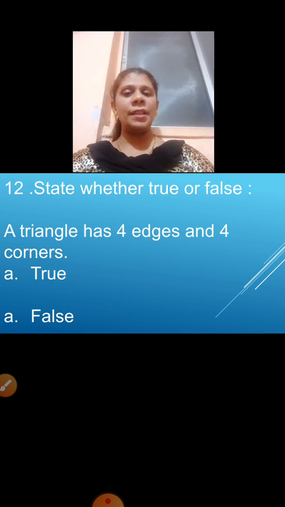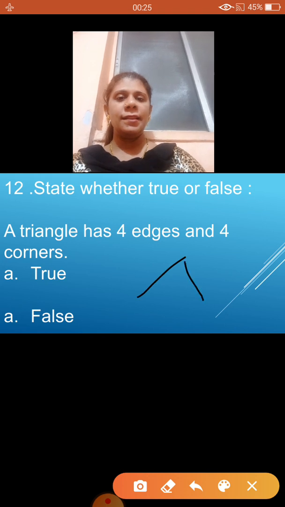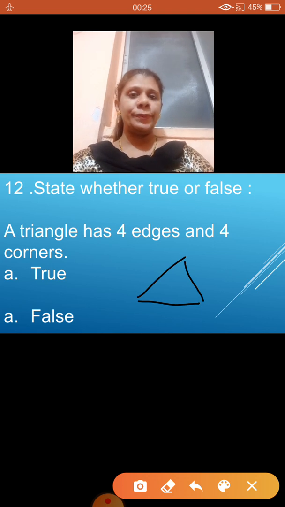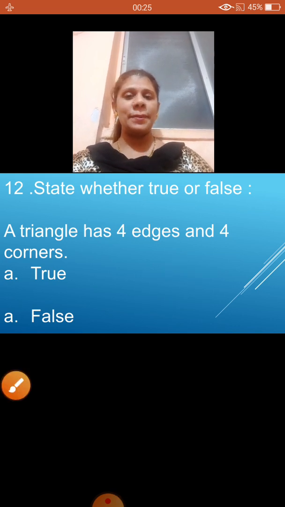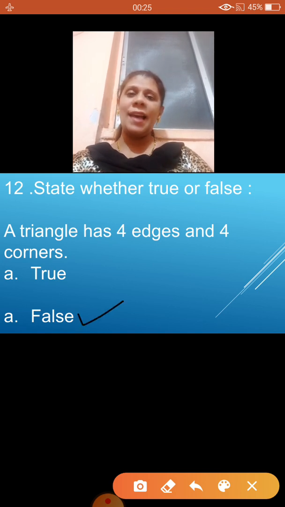See, this is a triangle. Now tell me, a triangle has how many edges? 1, 2 and 3. Correct? But what is our question? A triangle has 4 edges and 4 corners. So it is true or false? False. Correct. Why? Because the triangle has 3 edges and 3 corners.